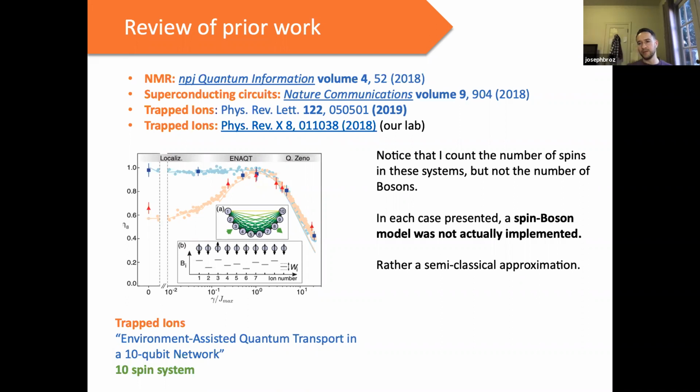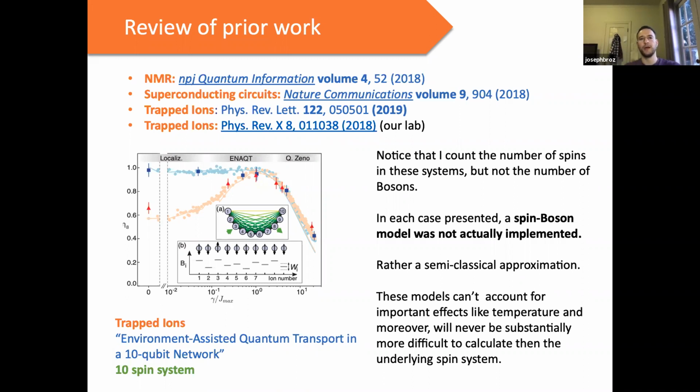Unless you get to the point where you actually have a large enough system, period, before you start adding this noise that can't be calculated. So in that case, it's kind of cheating a little bit, in my opinion. In particular, those models can't account for important effects like temperature, and just reiterating that point, they'll never be more difficult to calculate than the underlying system.